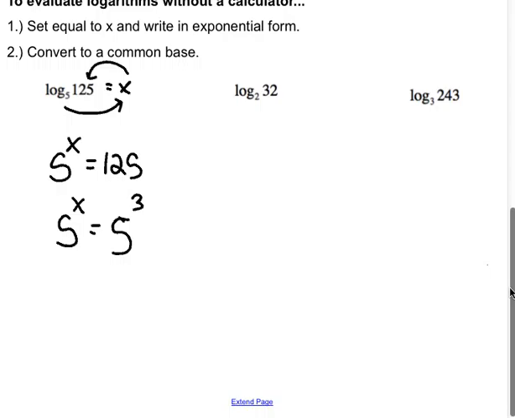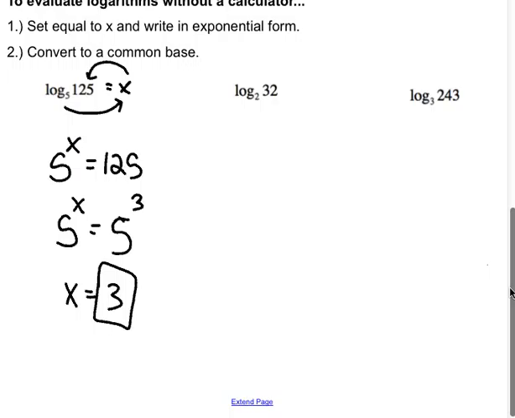So that must mean that this is 3. So that logarithm equals 3. 5 to the 3rd power gives me that 125. Okay, so that's all we're doing. So the rest of this day is mainly about that, evaluating those logarithms.